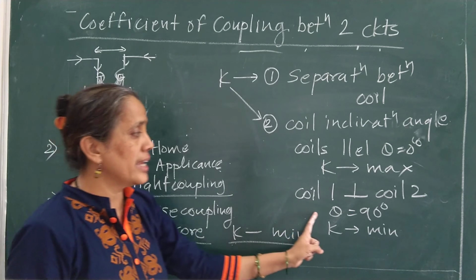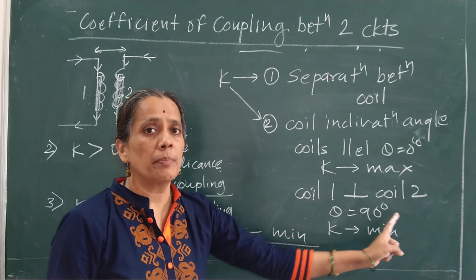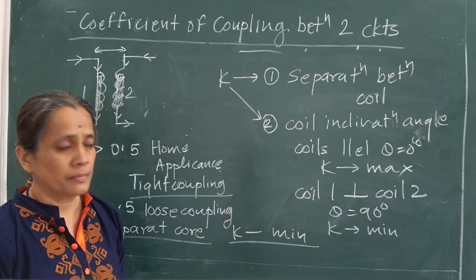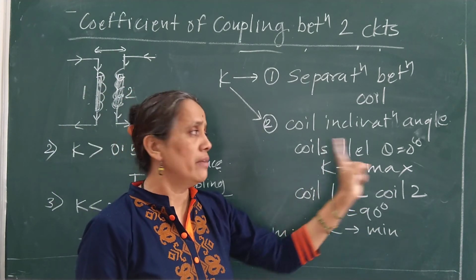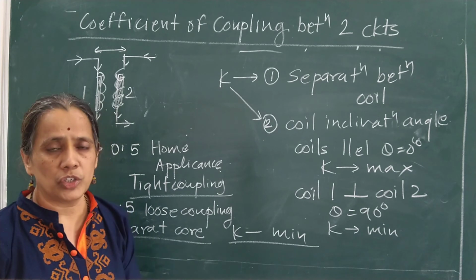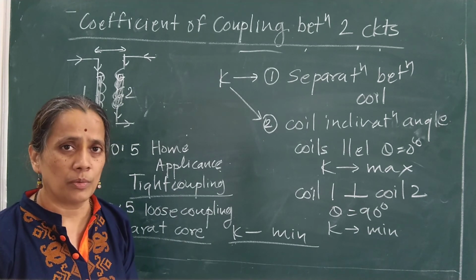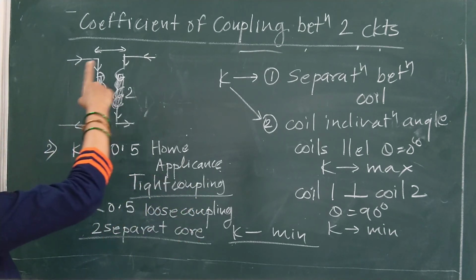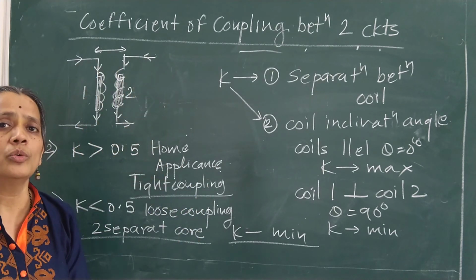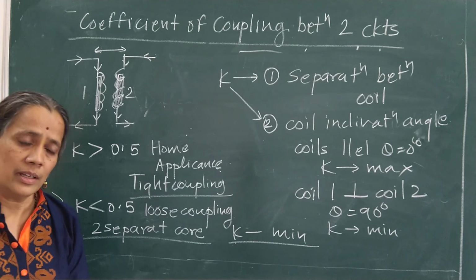So if I want K minimum, the coils should be perpendicular to each other. And if I want K maximum, then the coils should be parallel to each other, that is theta is equal to 0. Clear? So this is all about the coefficient of coupling between the two circuits. Fine? Thank you.